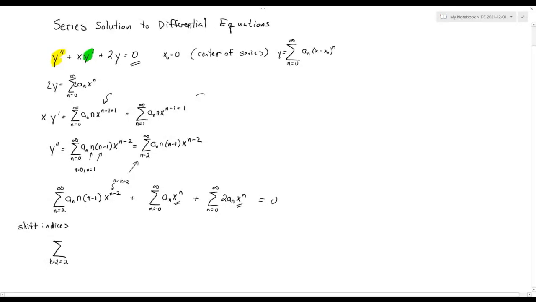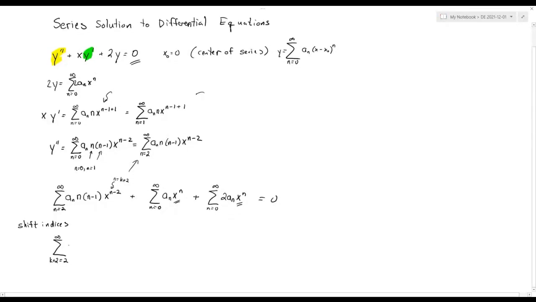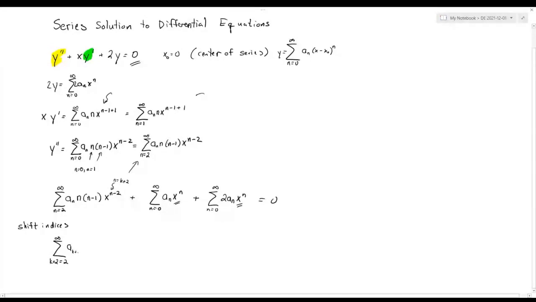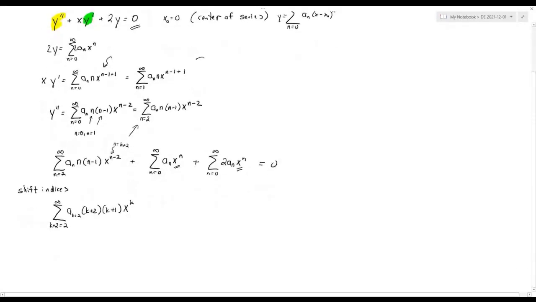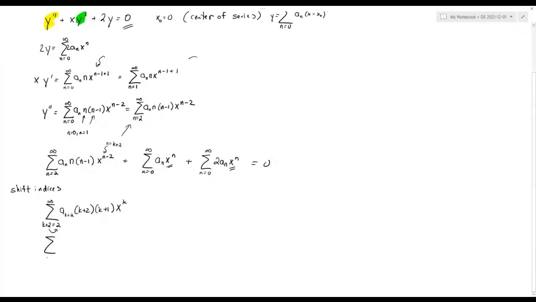Also, of course, when n is infinity, so is k at the upper bound, so that's not a problem. It's still infinity. Then n is k plus 2. This will become k plus 1. This becomes x to the k. And then subtract this over, and we get that k goes from 0 to infinity. Because k and n are just dummy variables, variables of summation, you can name them whatever you want.